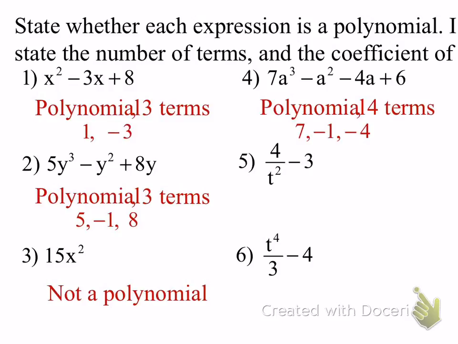Now, is this a polynomial? This is tricky because I didn't give you a full definition. Well, no, I did give you a full definition. Is this a monomial? No. I'm sorry, is it a polynomial? What was the definition?